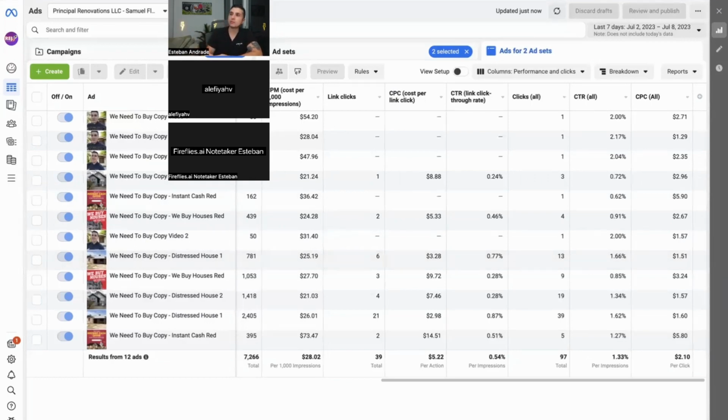So whenever you start monitoring these metrics, it actually involves checking regularly and observing different numbers and data related to your ad performance. It helps you really keep track of how well your ad is doing, and if any adjustments are needed.